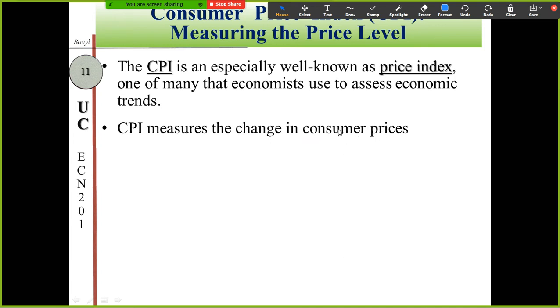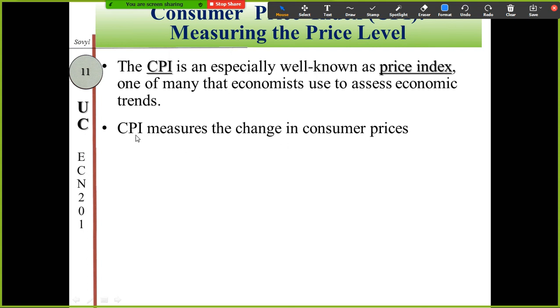Maybe you remember from the previous chapter, we have final products, intermediate goods, and capital goods.